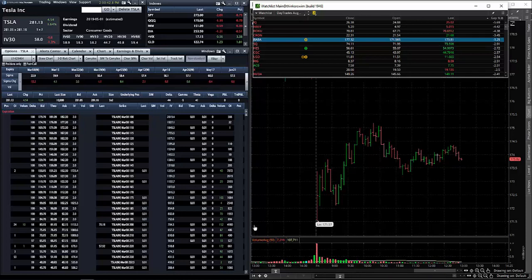And so what it looks for is the gap percentage, and I define the gap percentage as the difference between the close yesterday and the open today. From that, what I'm looking for is movers that were at least 1.5% of a gap.